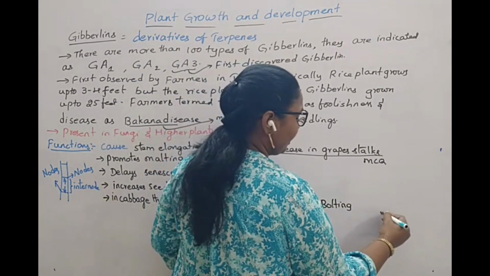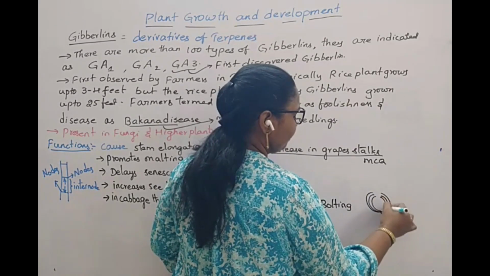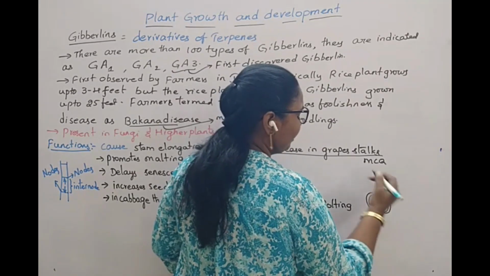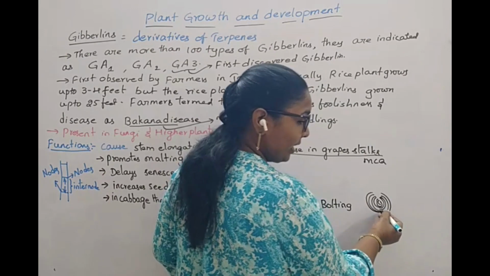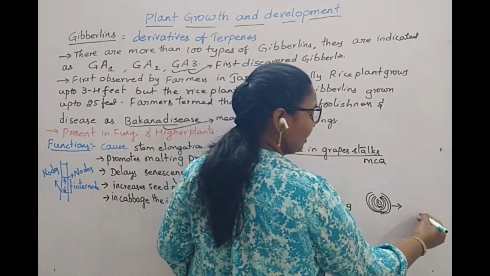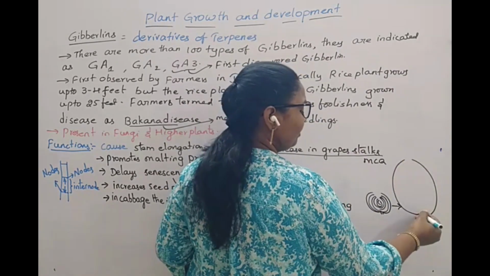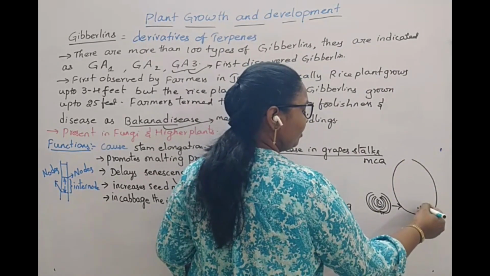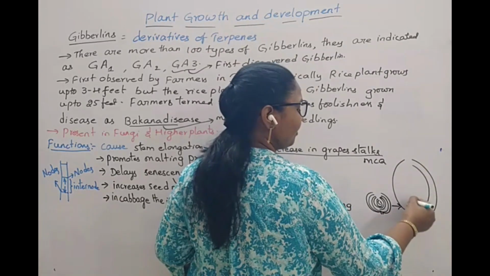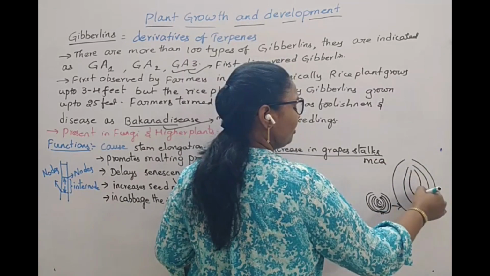You know that cabbage, basically, will be like this, round. It means that the internode length is very condensed, but the cabbage which is prone to gibberellic acid will show one leaf arising from one node, another leaf from another node, like this.